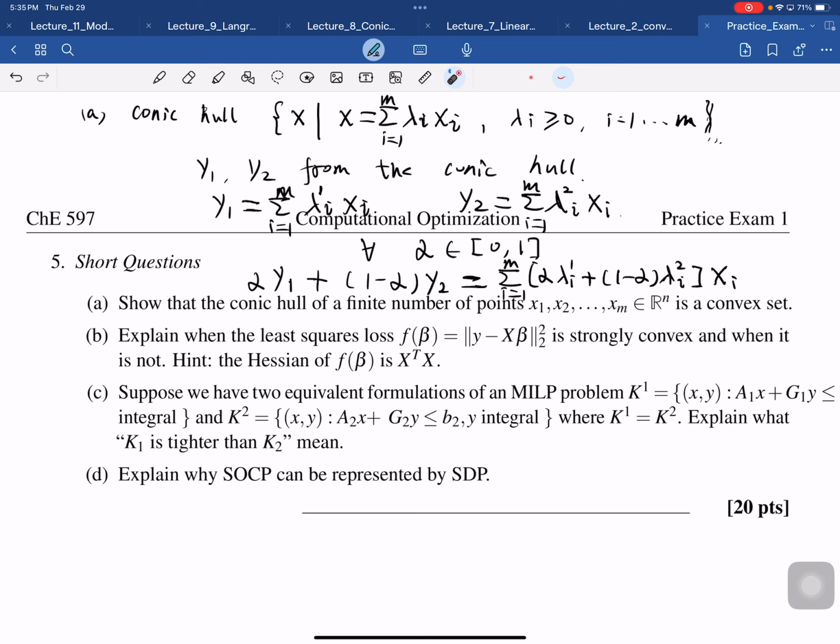And it's very clear to see all those coefficients are greater than or equal to 0, because alpha is a value between 0 and 1, and lambda 1 and lambda 2 are greater than or equal to 0. Therefore, each of these coefficients is greater than or equal to 0. That says you can express the convex combination of y1 and y2 as a conic combination of this finite number of points, so this set is convex.